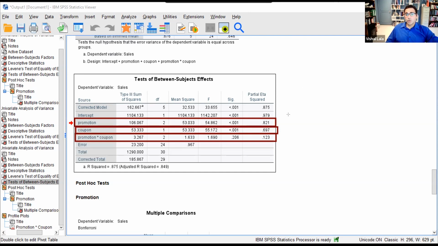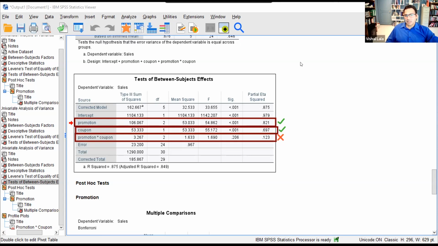In terms of which one of these two effects is stronger, we know that promotion times coupon is not significant, so we can just ignore that row altogether, the interaction effect. We can focus here on the variables that are statistically significant, which in this case are promotion and coupon.